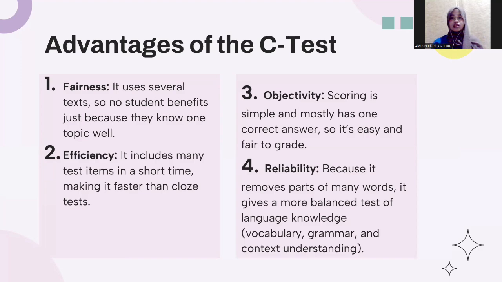And then objectivity, because C-test scoring is simple and mostly has one correct answer. And also the C-test is easy and fair to grade. And then reliability, because the C-test removes parts of many words and it gives a more balanced test of language knowledge.